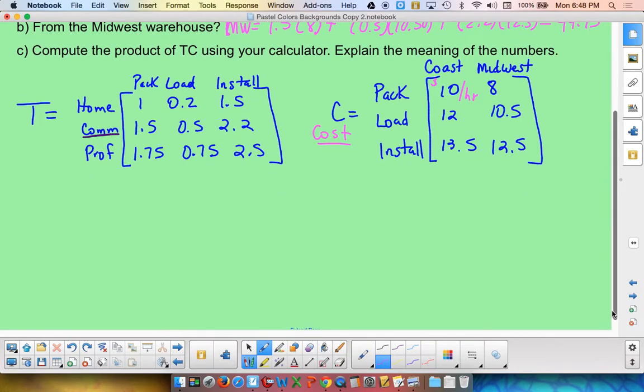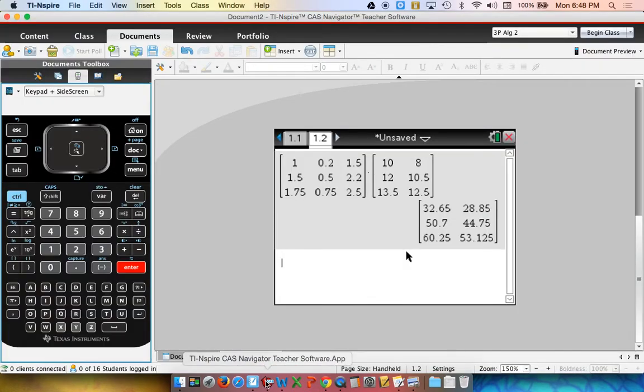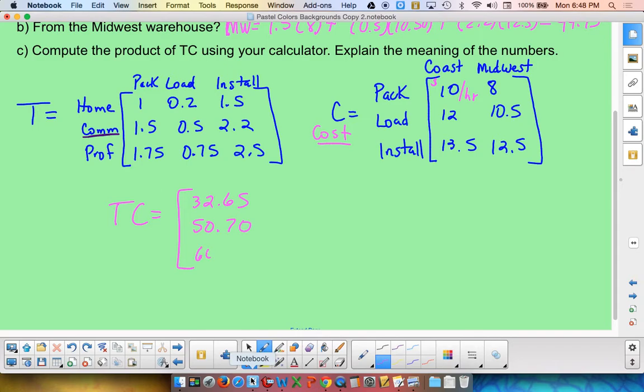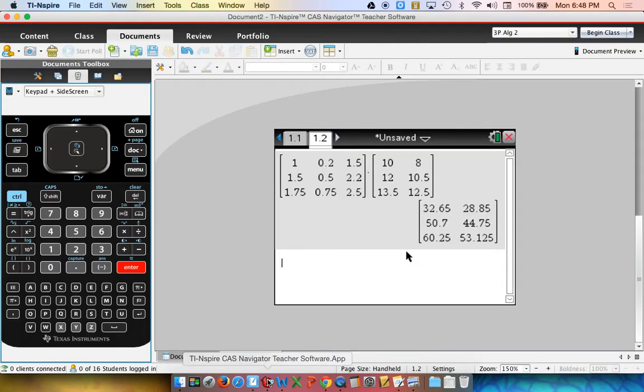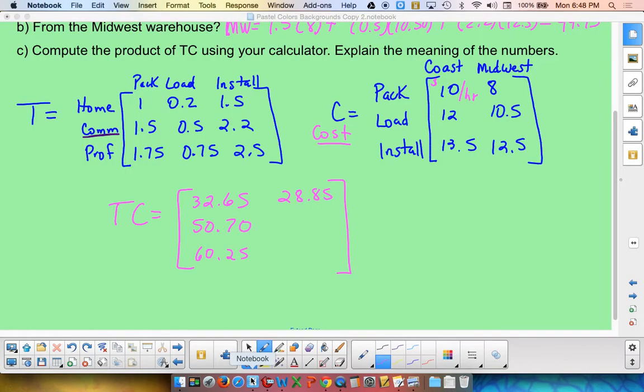And so the result of T times C was 32.65, 50.7, and I just lost the last one, but we'll go back and get it. 60.25, 28.85. And this is when I miss people to read me numbers. And last but not least, 44.75 and 53.125.